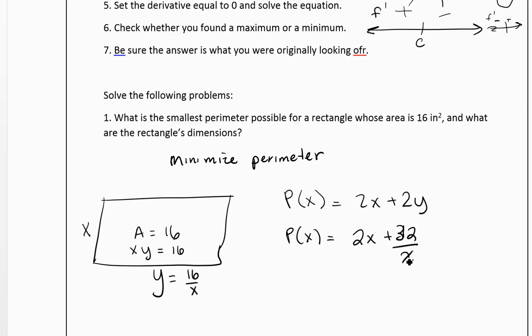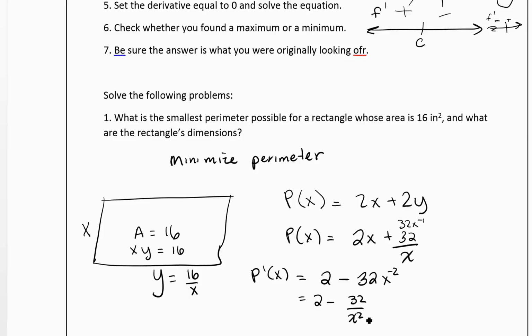Okay, so here's the function that we're trying to minimize. So we're going to take the derivative, which would be 2. Think of this like 32x to the minus 1. So we'd get minus 32x to the negative 2, which is 2 minus 32 over x squared.